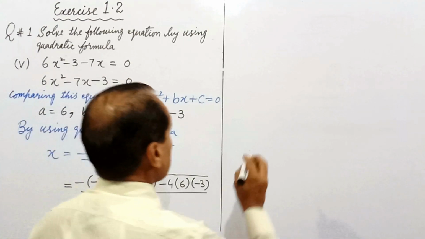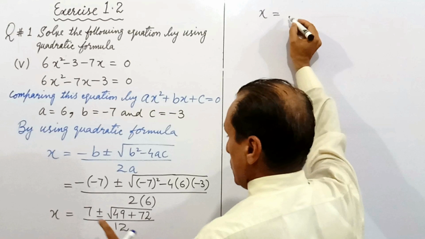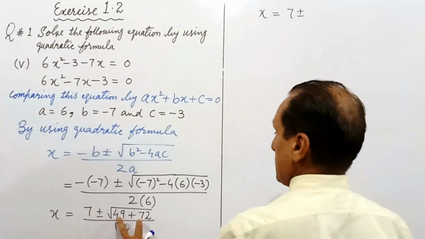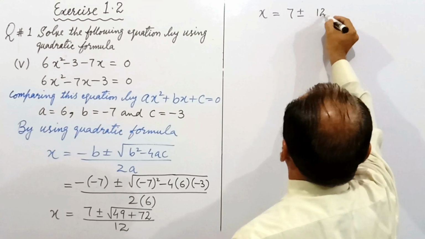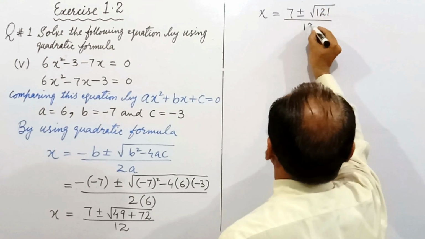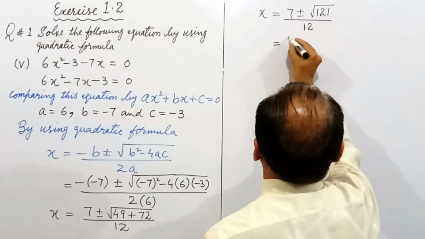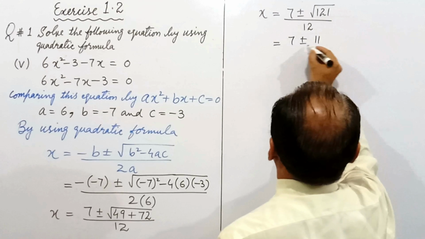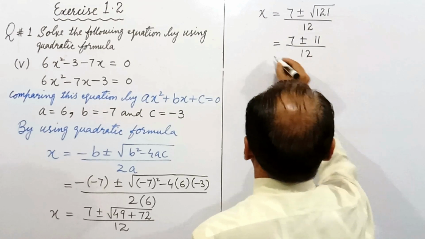We move to the next step. X is equal to 7 plus minus 49 plus 72 is equal to 121 square root whole divided by 12. 7 plus minus square root of 121 is 11 over 12.